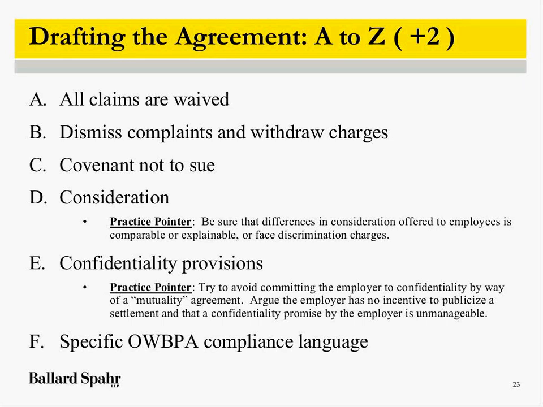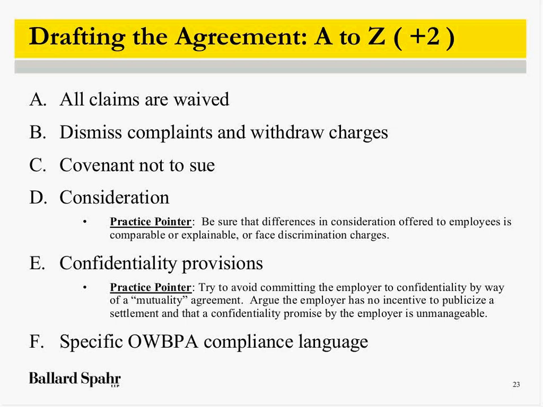Note that in the FLSA context, some courts have stated that confidentiality provisions are unenforceable. The NLRB and the EEOC are also now beginning to more routinely take the position that confidentiality provisions are unenforceable and indeed are violations of the statute as to those agencies.